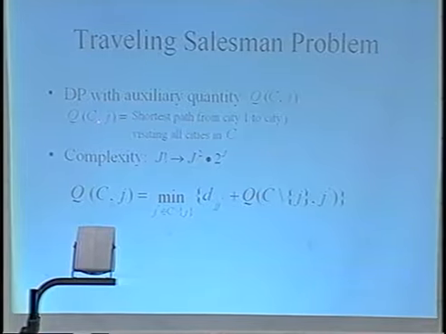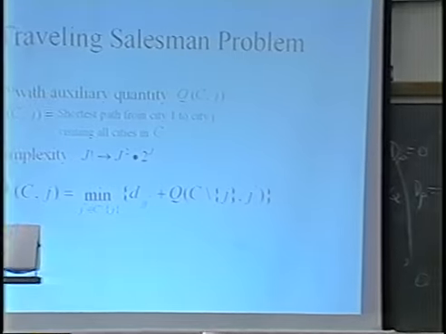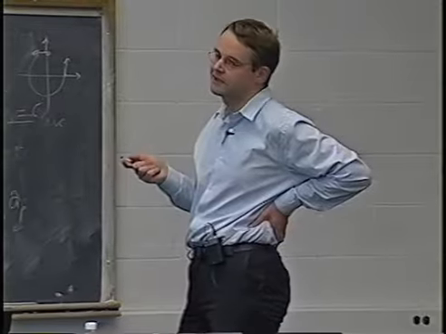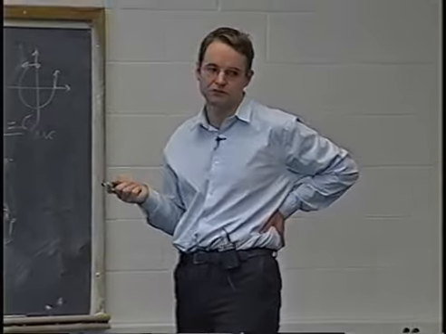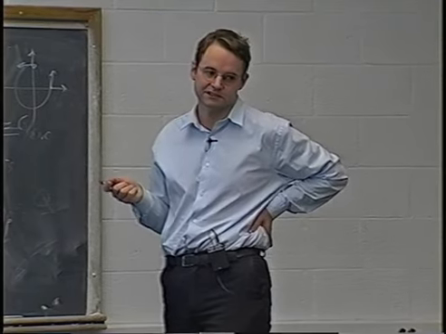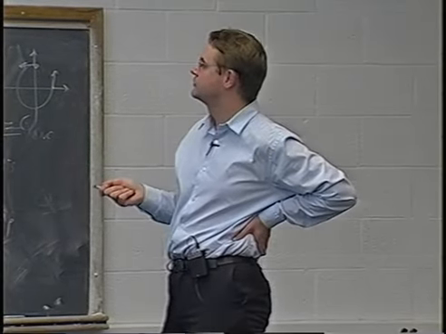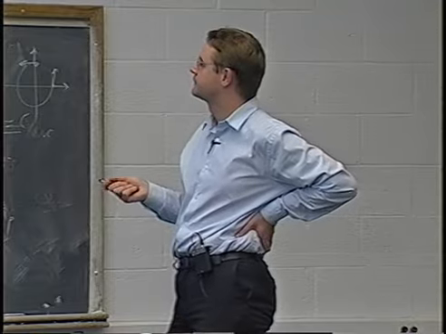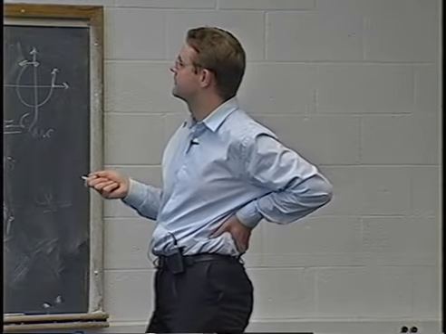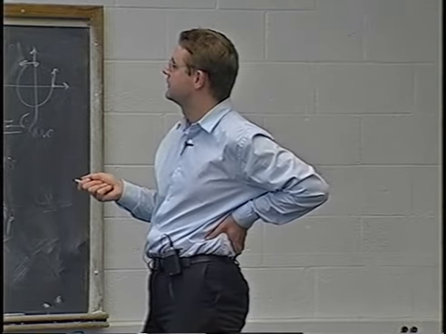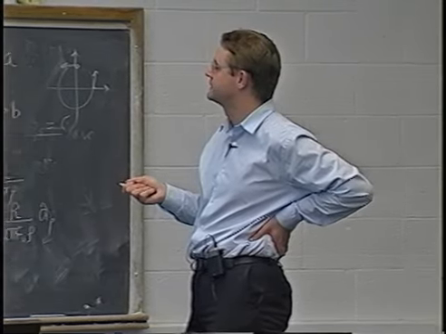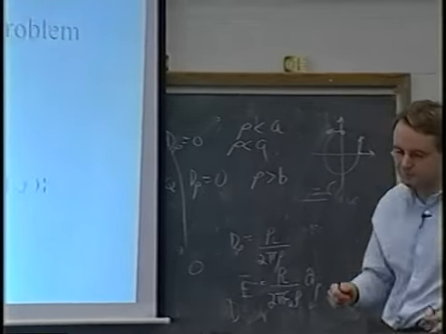So I'm talking about coverage vectors, meaning the set is represented as a sequence of zeros and 1, where 0 means the city has not been visited yet, and 1 means the city has been visited. So I'm assuming this coverage kind of representation of a set. And then the meaning of this quantity is it's the shortest path from city 1 to city j, visiting all cities in C. So now we'll skip to the next slide.